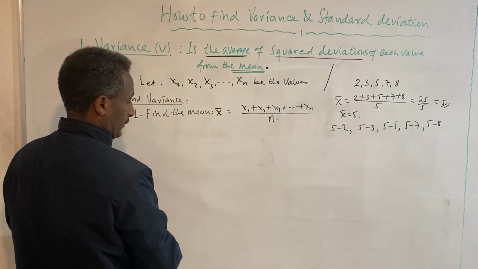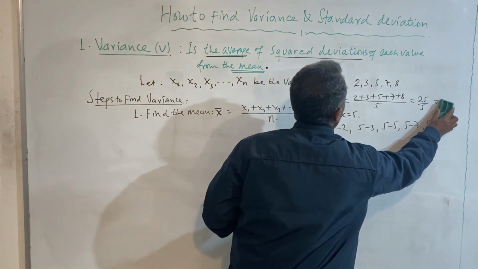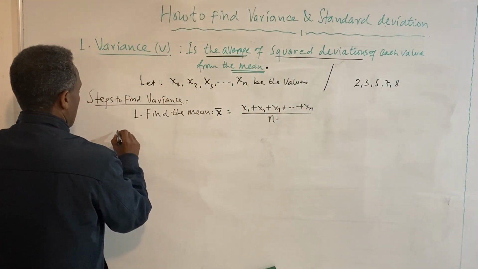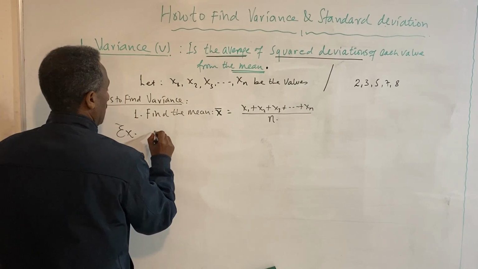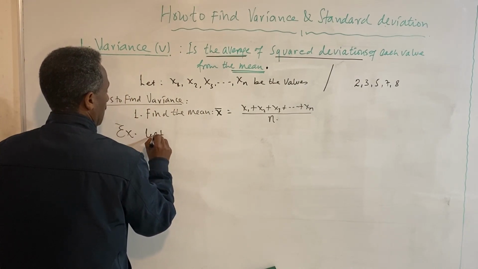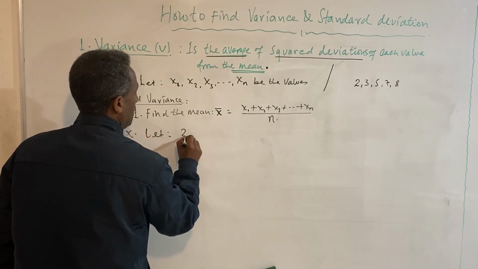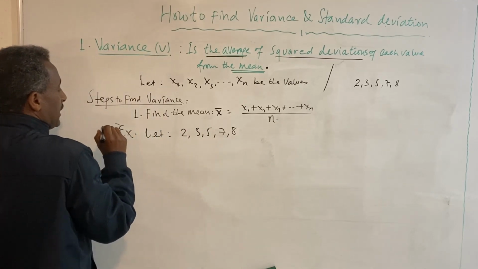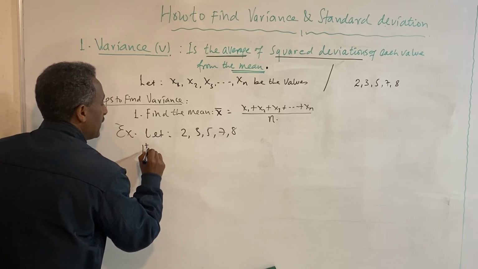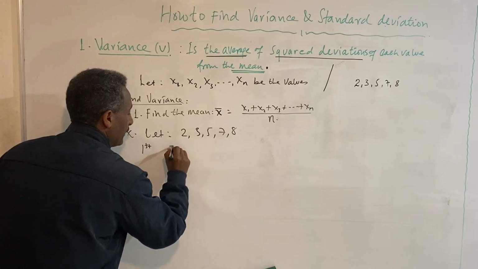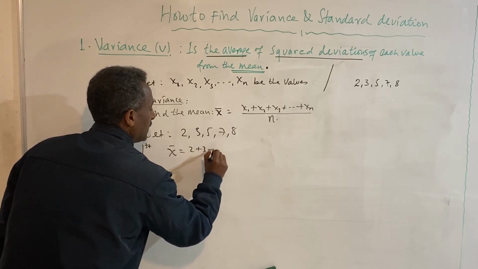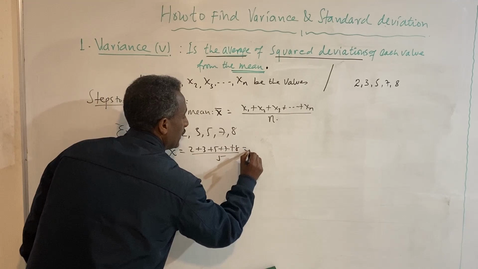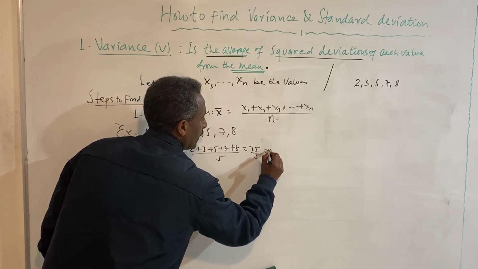So let's do it again here. Example: let the values be 2, 3, 5, 7, and 8. Then our first step is to find the mean. 2 plus 3 plus 5 plus 7 plus 8 over 5, 25 over 5, it is 5.